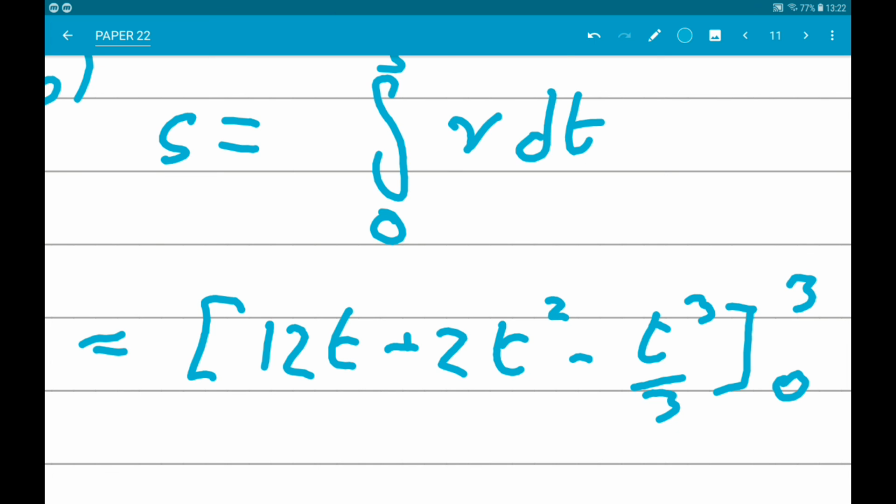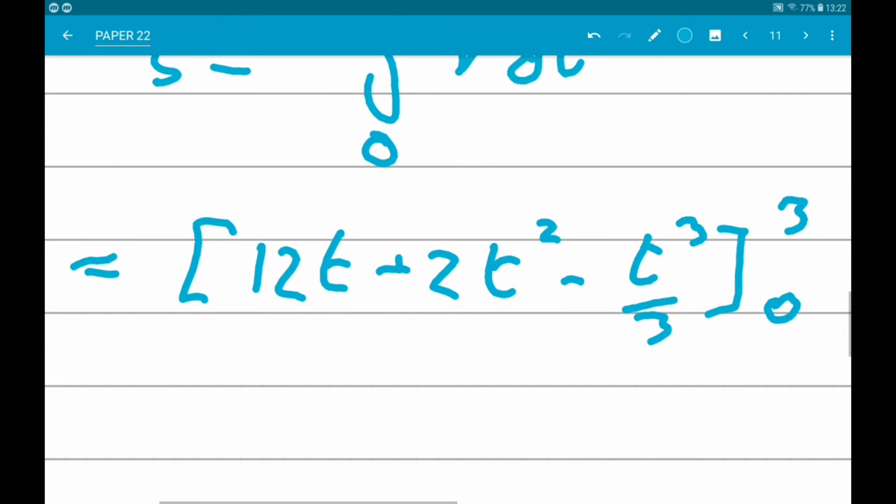So when we plonk 0 in, we're just going to get 0. So we just get 12 times 3 is 36. Add 2 times 3 squared, so that's plus 18.